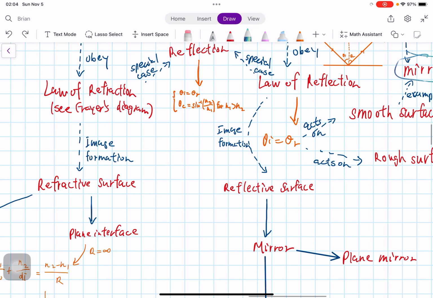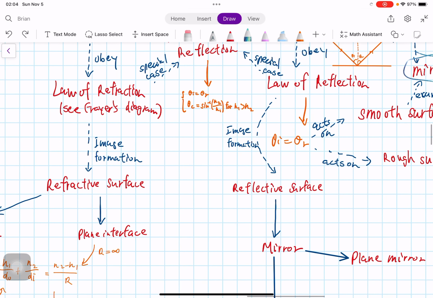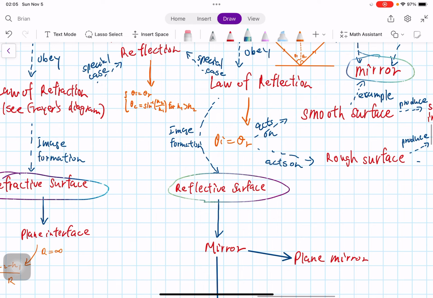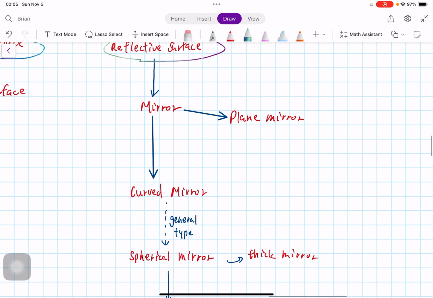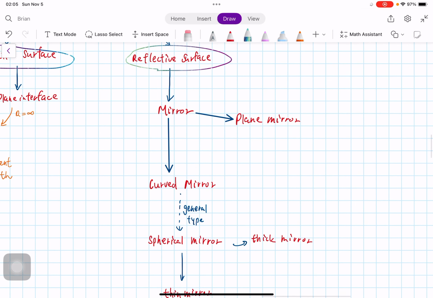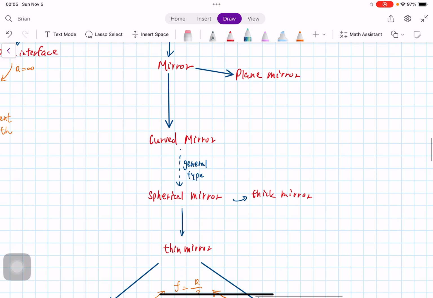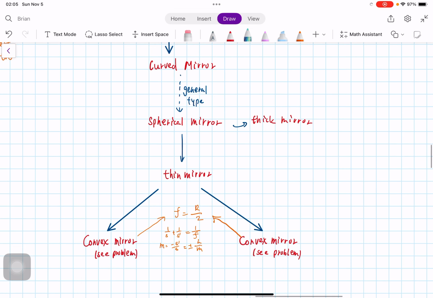So when we look at image formation, we have reflective surface and refractive surface. The reflection side is a bit simpler, so we could look at the mirror, and for mirror, it has plane mirror and curved mirror. For curved mirror, the spherical mirror is the general type, and for spherical mirror, we have thick spherical mirror and thin spherical mirror.